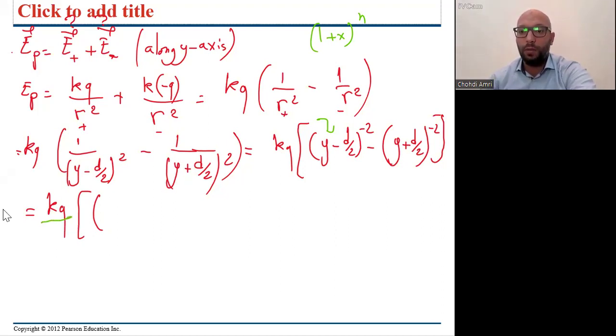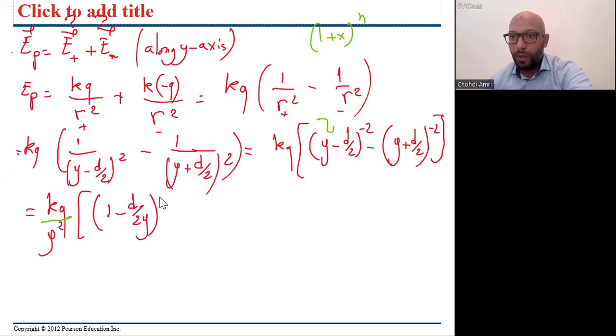It will be divided by y squared multiplied by 1 minus d over 2y to the power minus 2, minus the same thing, 1 plus d over 2y to the power minus 2.